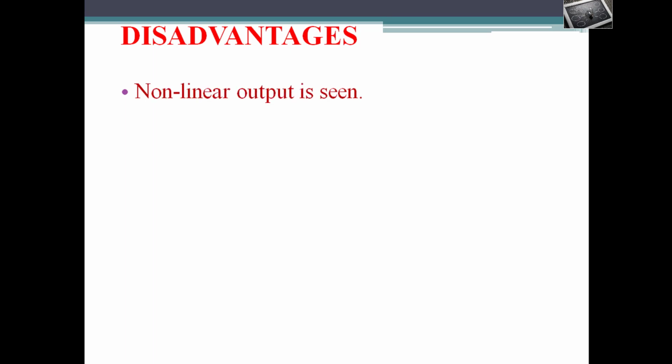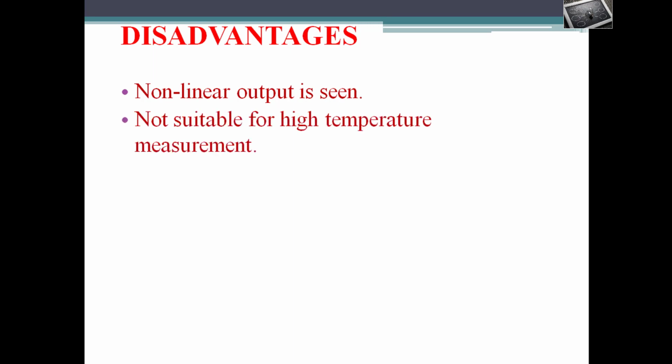The first disadvantage is that non-linear output is seen. Not suitable for high temperature measurement. Yes, it has its fixed range for measurement of temperature. Of course, every device is fixed for particular parameters. Requires external power supply.